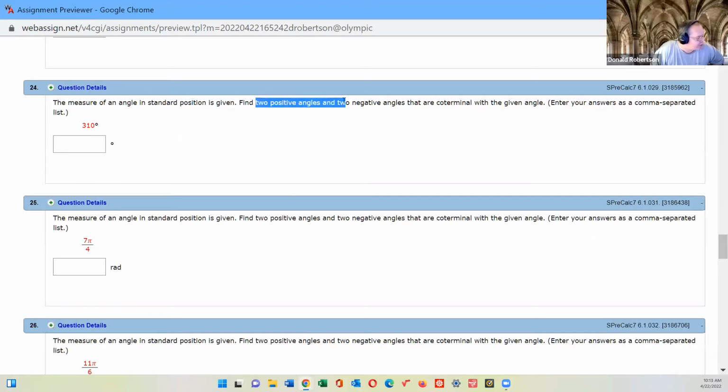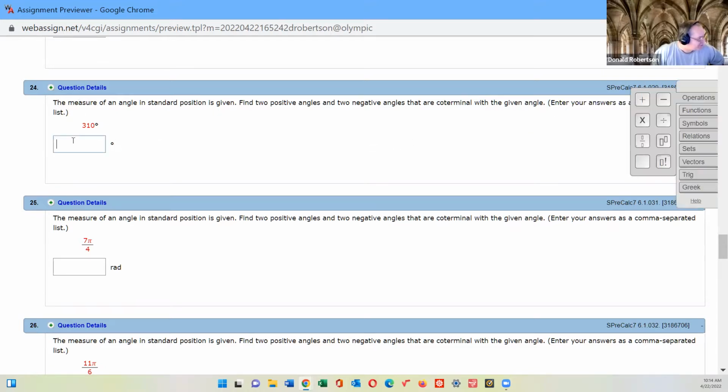Find two positive angles and two negative angles that are coterminal to the given angle, and then enter your answer as a comma-separated list. Now that you know what all the phrases are, can you see that you're basically going to take 310, add 360, and then add 720, and then 310, take away 360, and then take away two lots of 360, and that would be your answer.